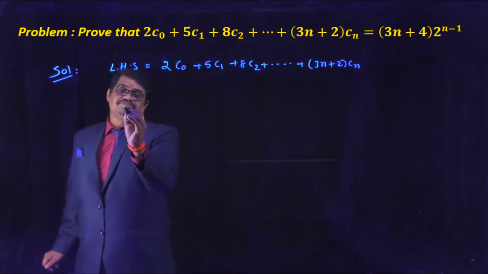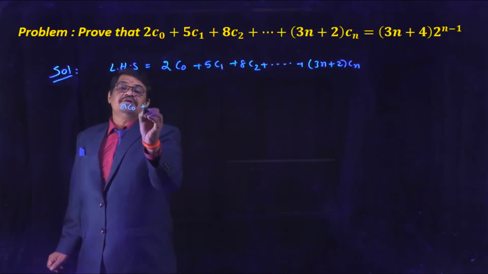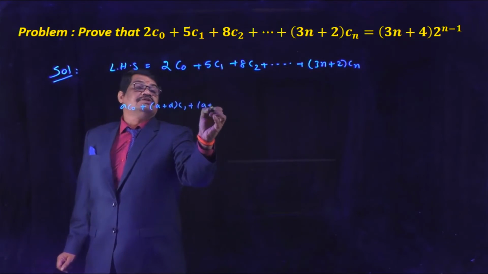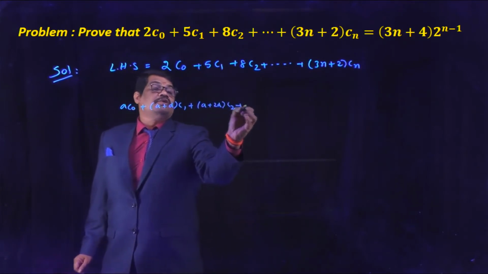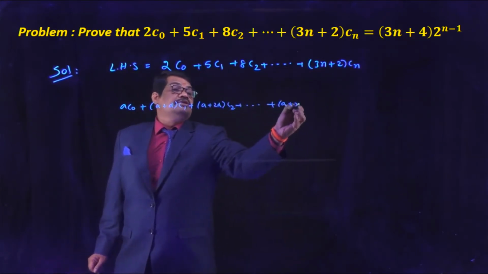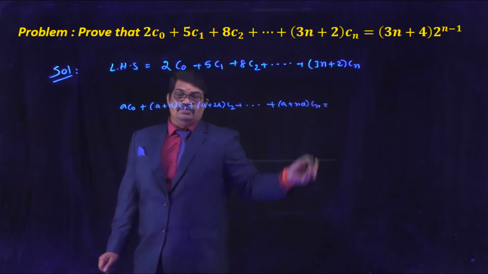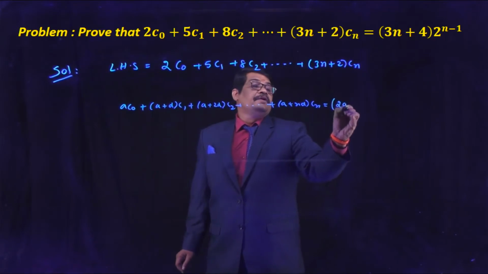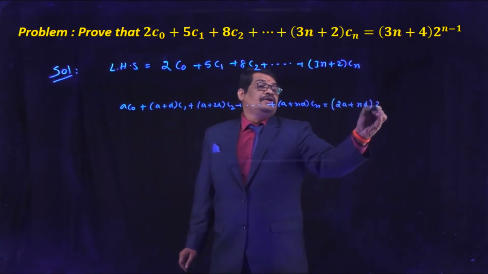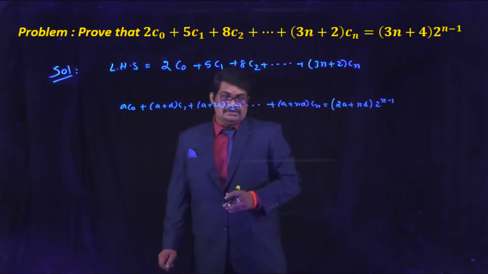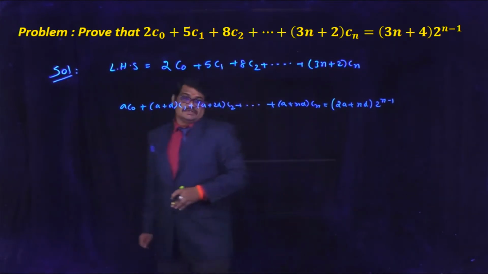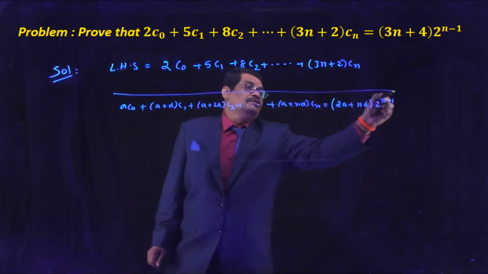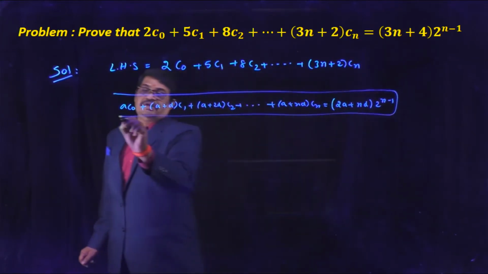A C0 + (A + D) C1 + (A + 2D) C2 and so on, up to (A + ND) Cn, is equal to (2A + ND) into 2 to the power of n minus 1. This is the formula we discussed in the last class.